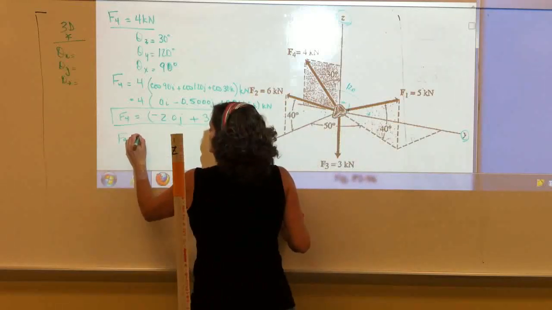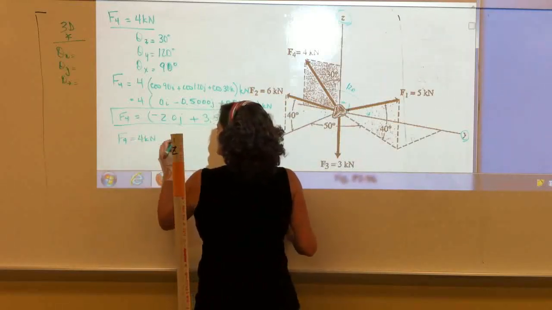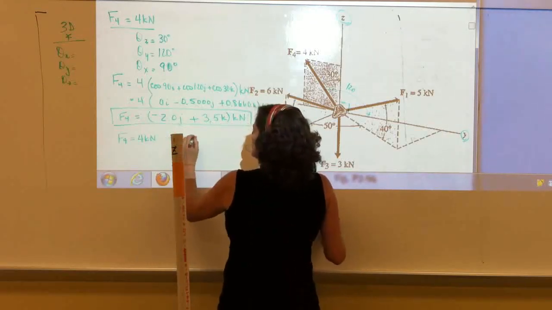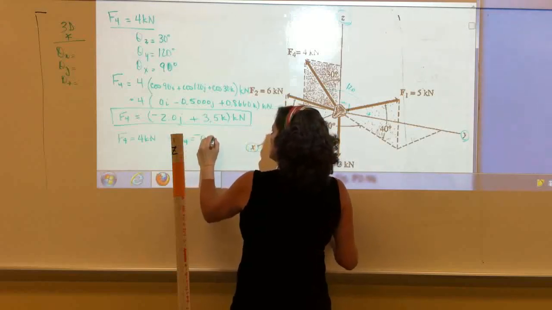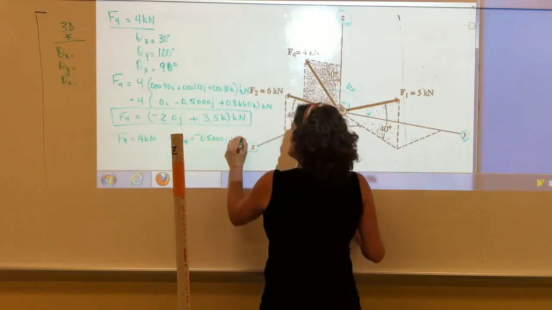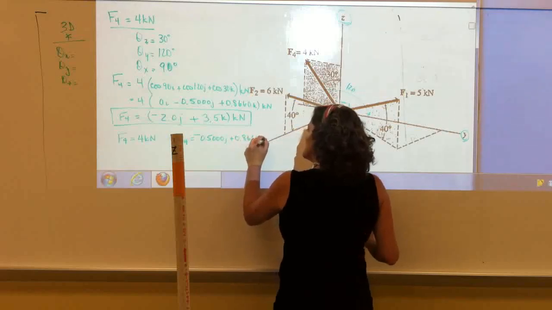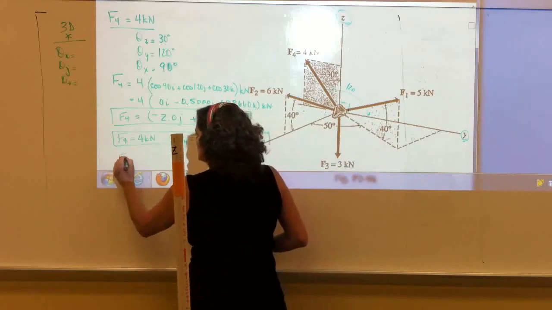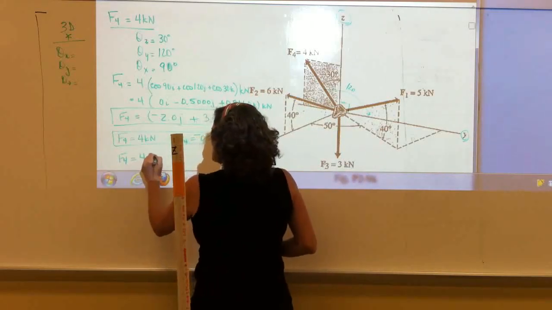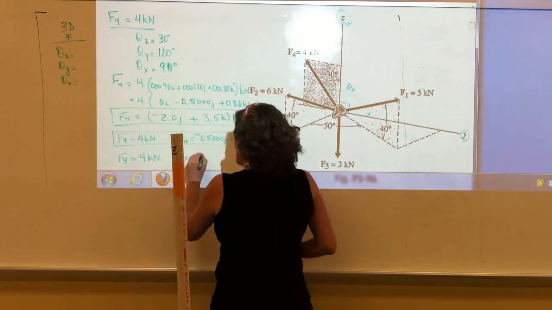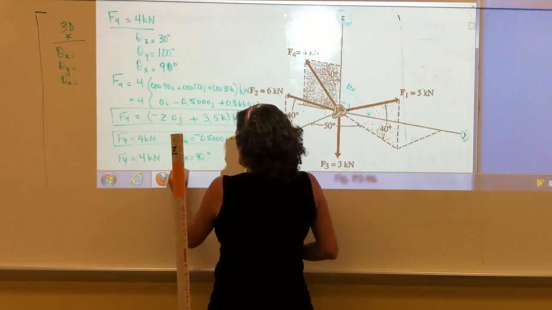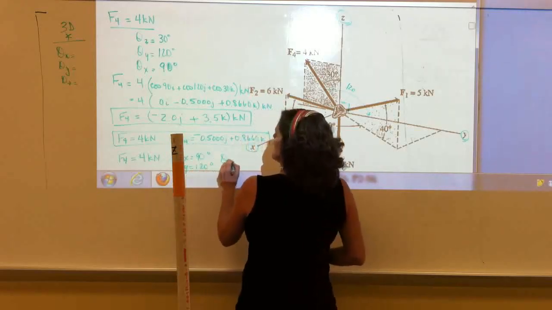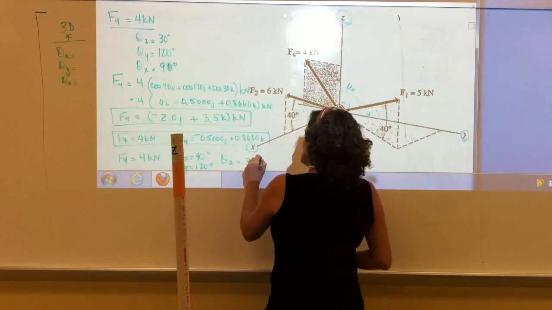Magnitude and unit vector: 4 kilonewtons, and the unit vector E4 is equal to negative 0.5000 J plus 0.8660 K. Then magnitude and direction angles, which we already know. This is 90, theta y is 120, and theta z is 30.